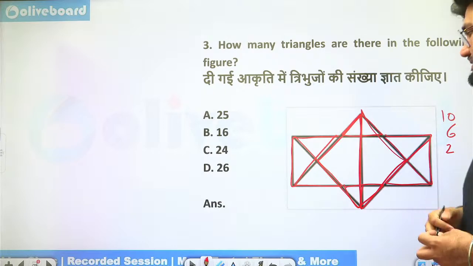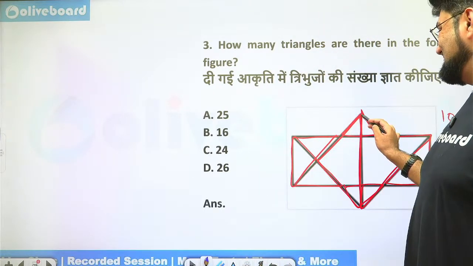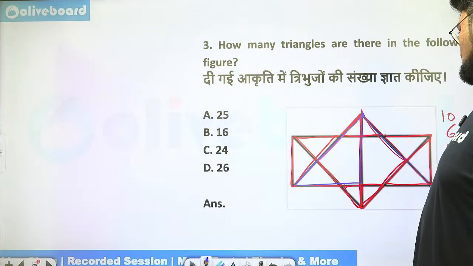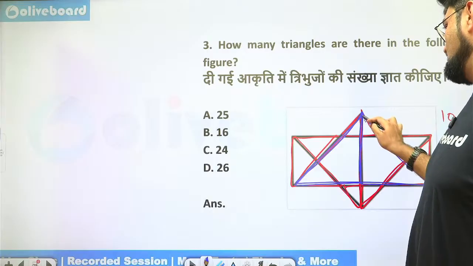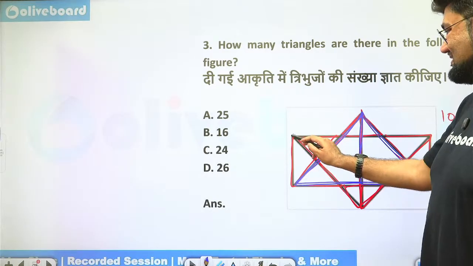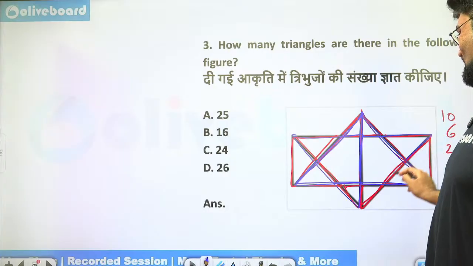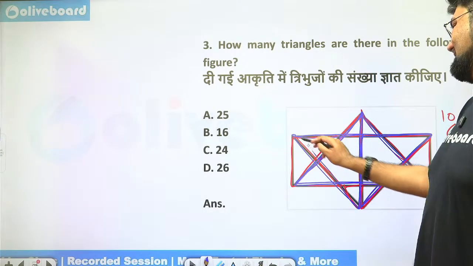So what else? Now, if I look at the whole figure, what can I see? I can see this triangle here, 1, this one here, 2, and the whole triangle, 3. Similarly, this triangle here, 1, this triangle here, 2, and the whole triangle again, 3.